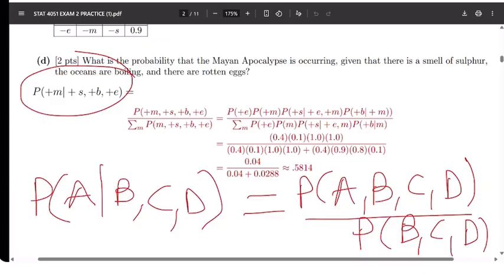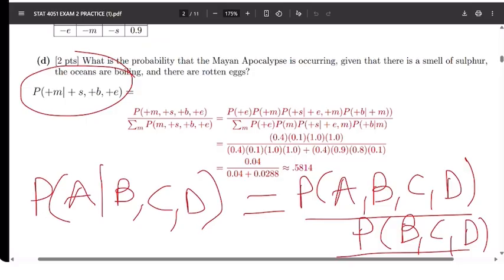The one in the denominator is a total probability. When I say total probability, if I want to find the probability of BCD, I'm actually going to consider A plus when I did not consider A.